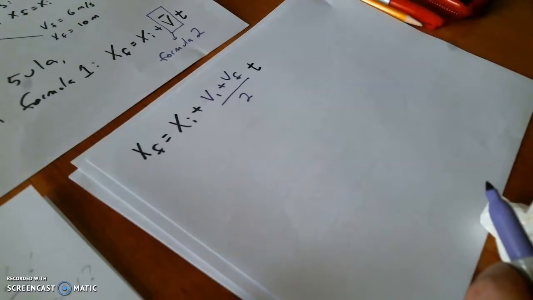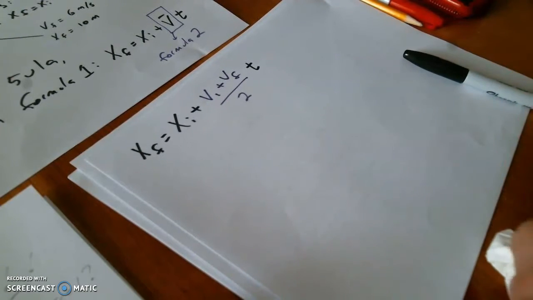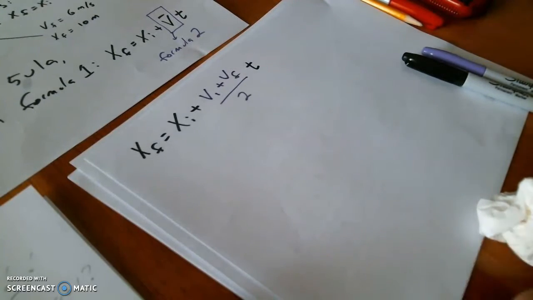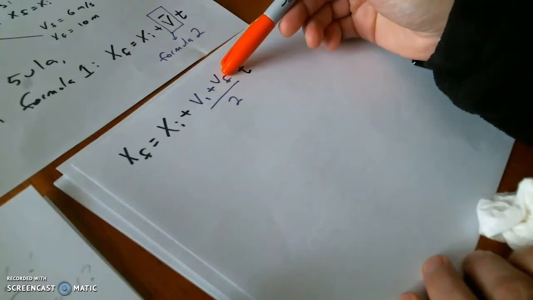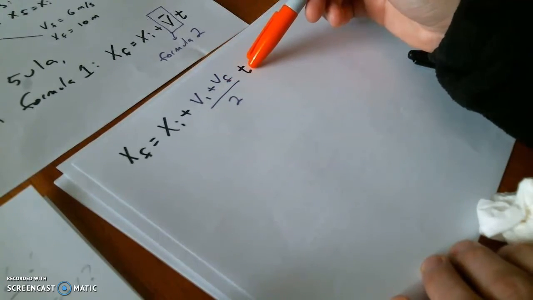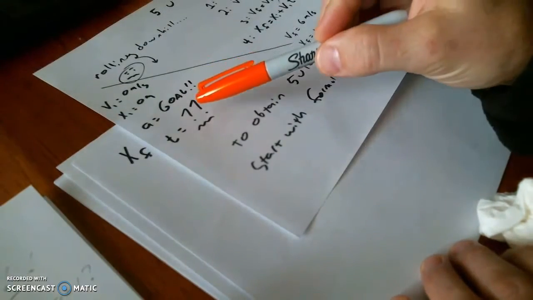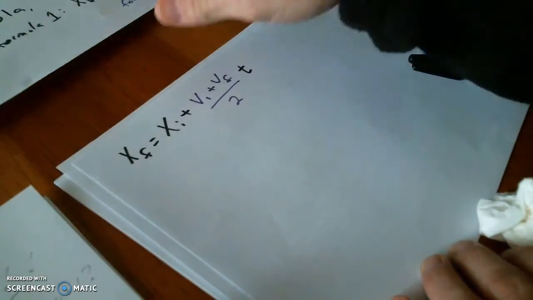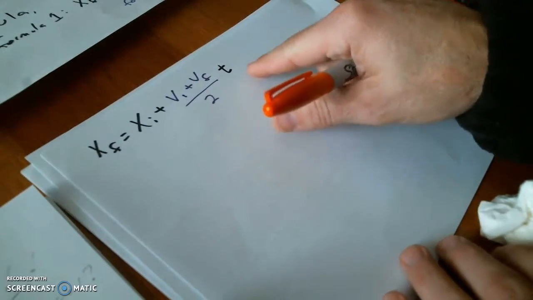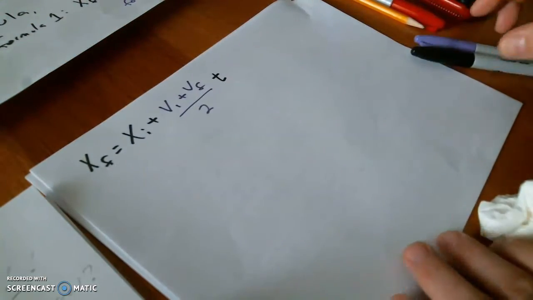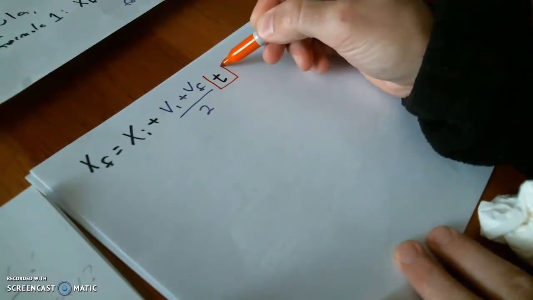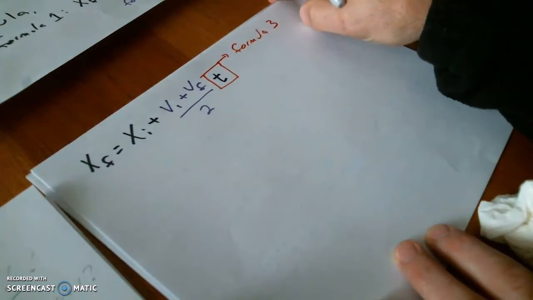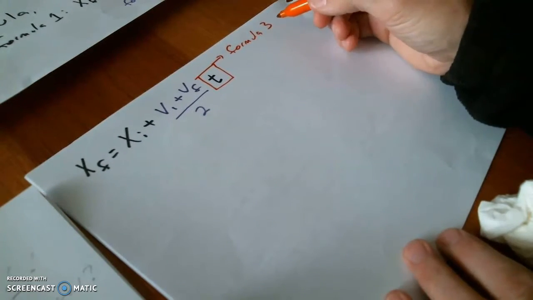time, okay? Now, remember in formula 4, what we did was we replaced that VF because we didn't have a VF. But in 5-ULA, remember, in this particular situation, I don't know a time. It's not given in the problem anywhere. So I don't want a formula with the letter T in it. So I'm going to substitute out that T. And what I'm going to do is use formula 3 with time isolated.